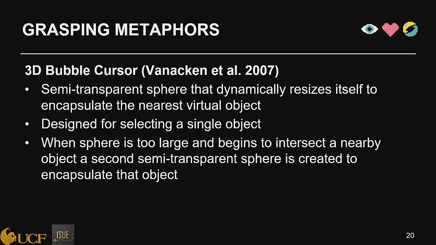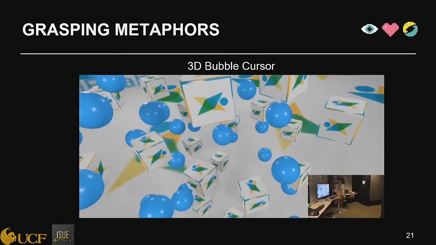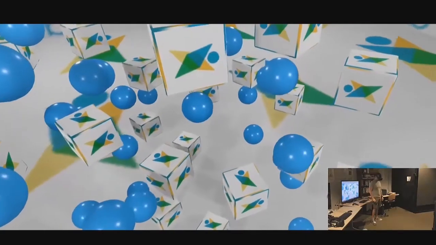When the sphere is too large and begins to intersect a nearby object, a second semi-transparent sphere basically is created to encapsulate that object, so that this is a way to be moved in approximation to an object instead of having to actually intersect it directly, and you use this to help do object selection. So we have a video of the 3D bubble cursor I'll show you.